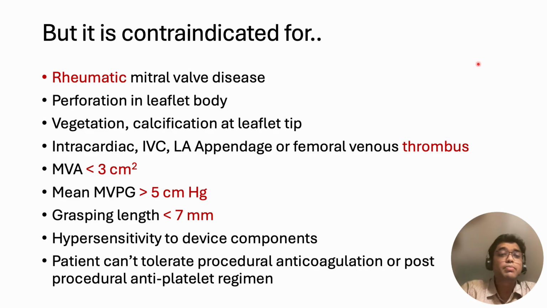Mitral valve area should be more than or equal to 3 centimeters square. Mitral valve pressure gradient should be less than 5 millimeters of mercury. Grasping length should be at least 7 millimeter or more. There should not be any hypersensitivity to the device components, and the patient should tolerate the procedural anticoagulation or post-procedural antiplatelet regimen.